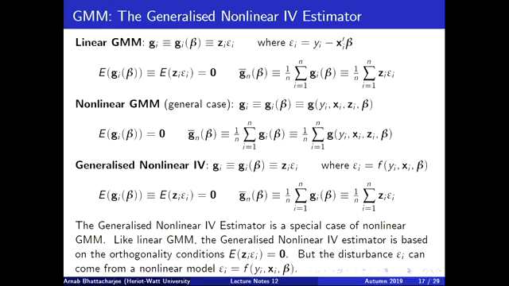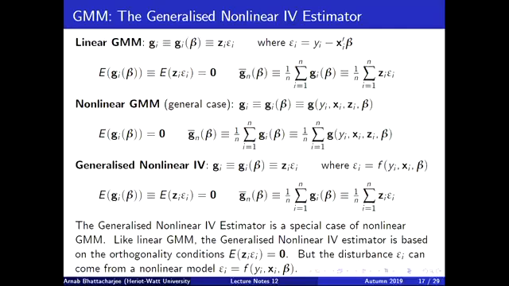So what is the generalized nonlinear IV estimator then? So this was our linear GMM, right? A nonlinear case has some complicated functions, right? So they are not going to be like this. They are nonlinear functions, and therefore we have to take their derivatives.